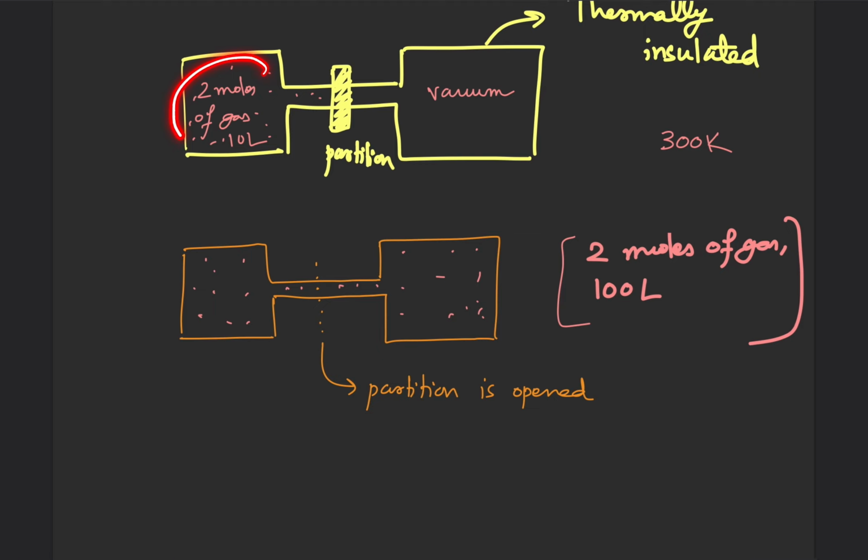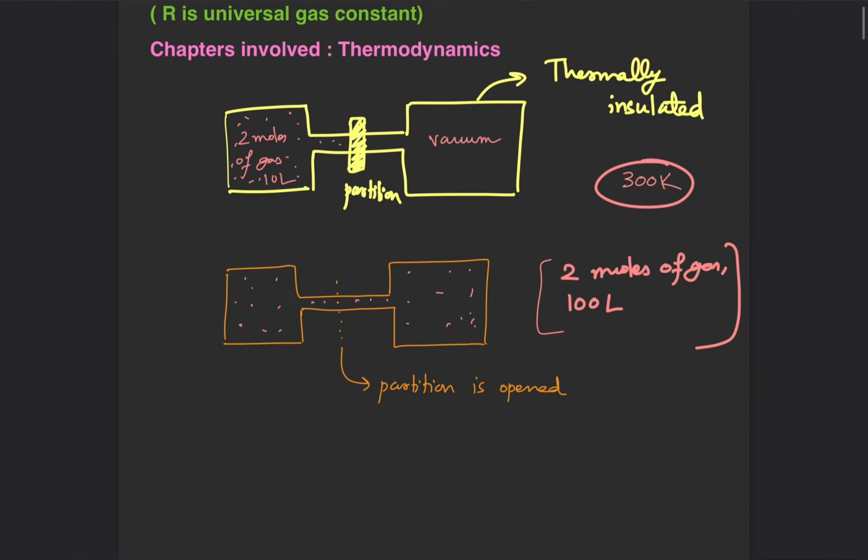So initially it was 10 liters here. Now the total final volume is 100 liters. Okay, and the temperature is maintained at 300 Kelvin. So this gas expanded against vacuum is known as free expansion.